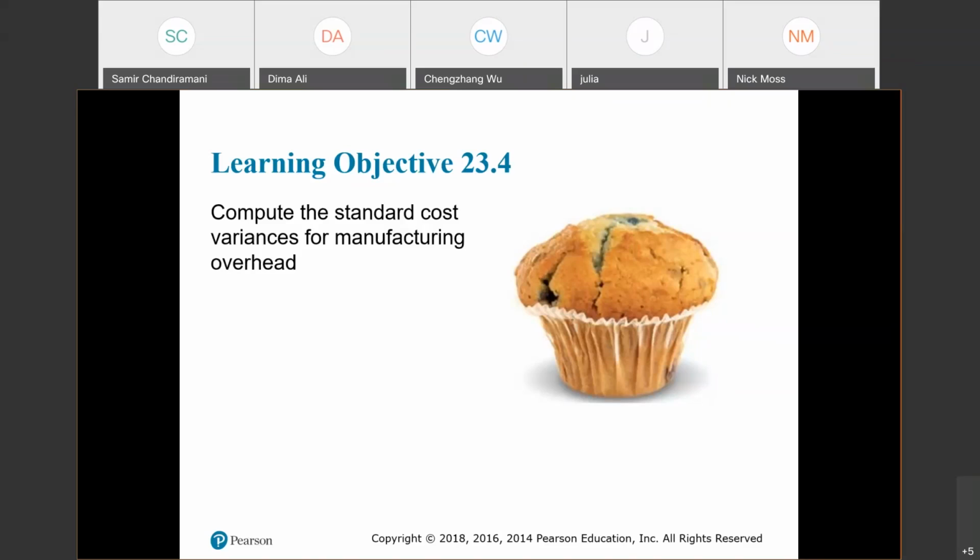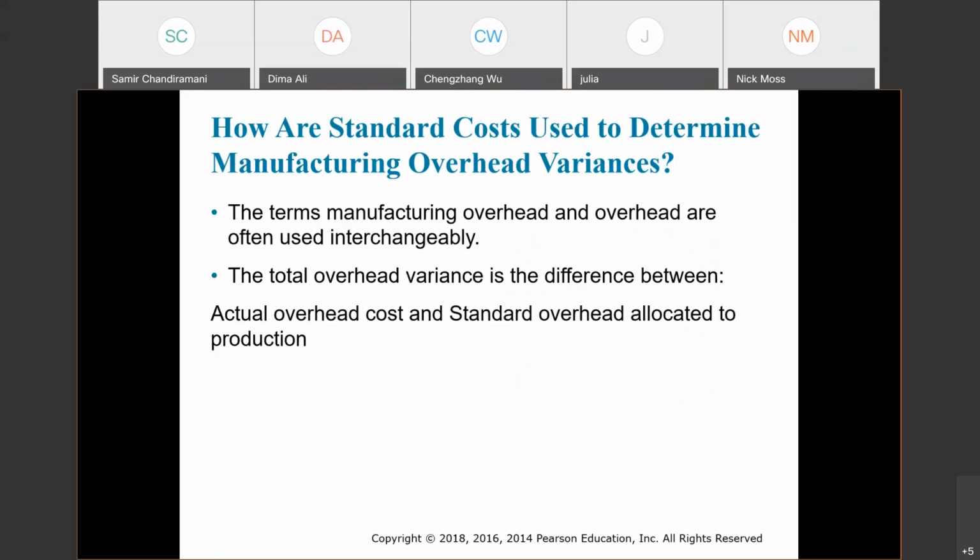As you have known, manufacturing overhead can be separated into two parts: variable part and fixed part. So let's get started, first of all, with the variable part.